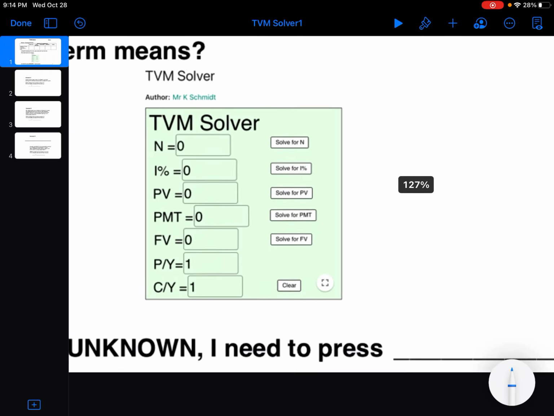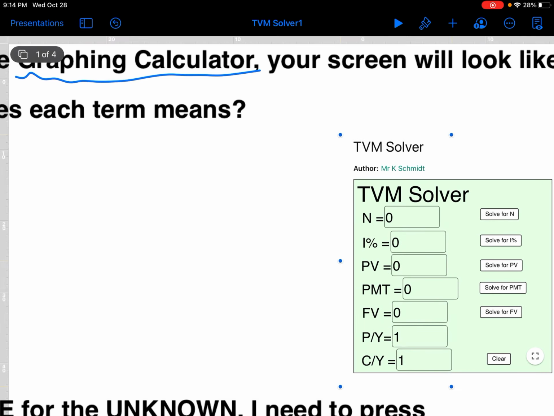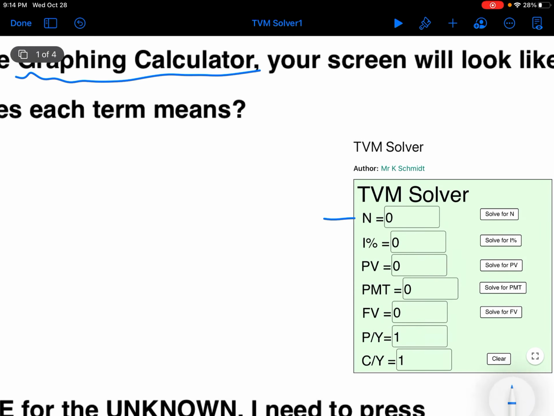Okay, so when you look at your TVM solver, what you're going to see is this. Now, N, so I'm just going to move this over here. N is going to stand for, depending on what we're looking for, but for us, N is going to be our number of years.